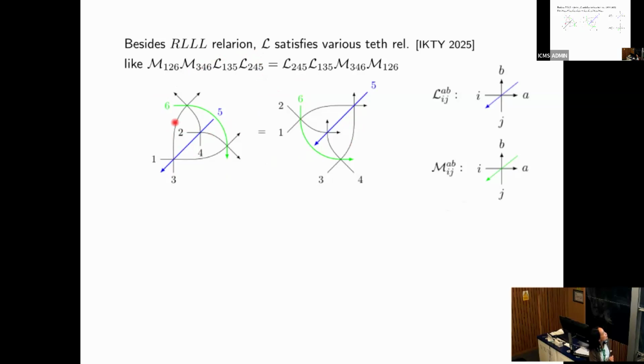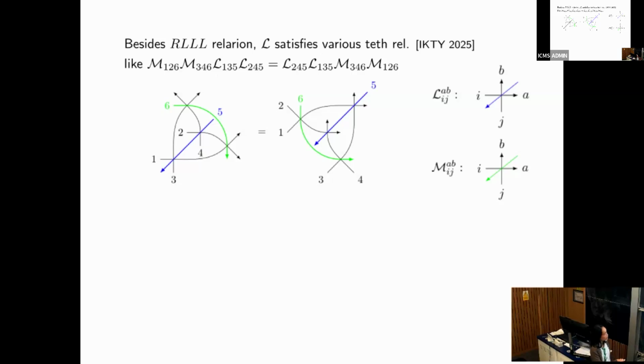This picture is understood in the following way. By moving this green line associated to this operator M from northeast to southwest, these two L are interchanged. So it means that T1 3 5 and T 2 4 5 are interchanged by moving the green arrow from northeast to southwest.